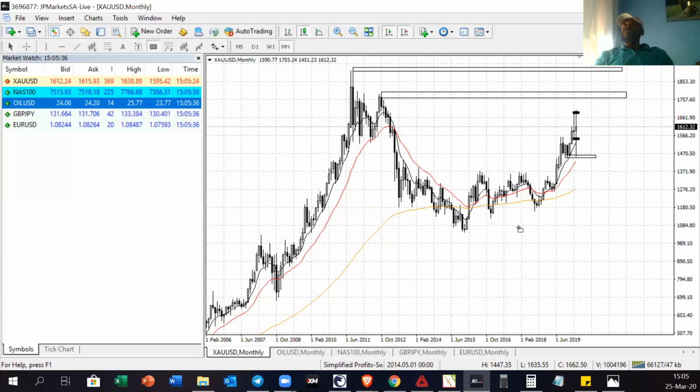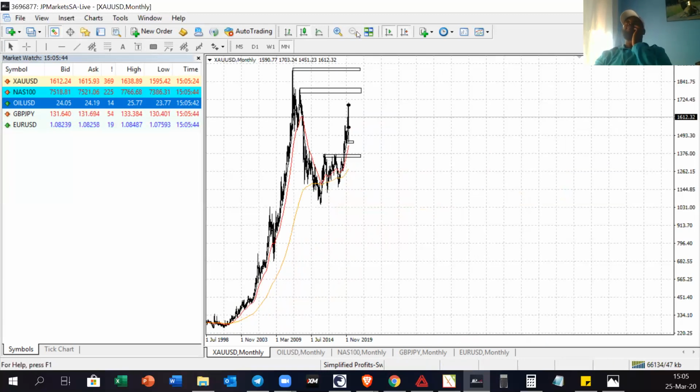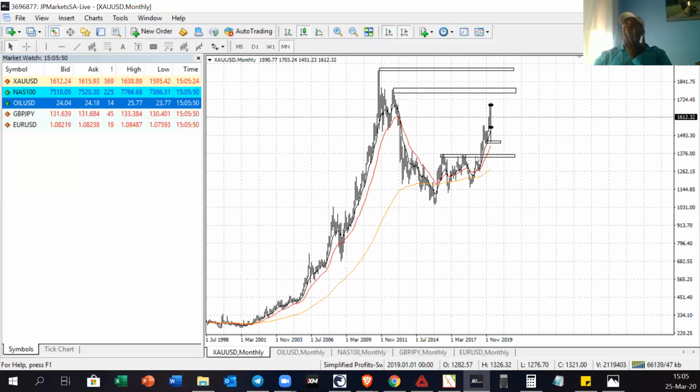And if that doesn't hold, this would be a level of interest. I haven't even put any trend lines in this, but we can go ahead and do that. The reason I haven't put any trend lines is because we have the moving averages telling us what's happening. And yeah, if I had to do a trend line, it would look something like this.